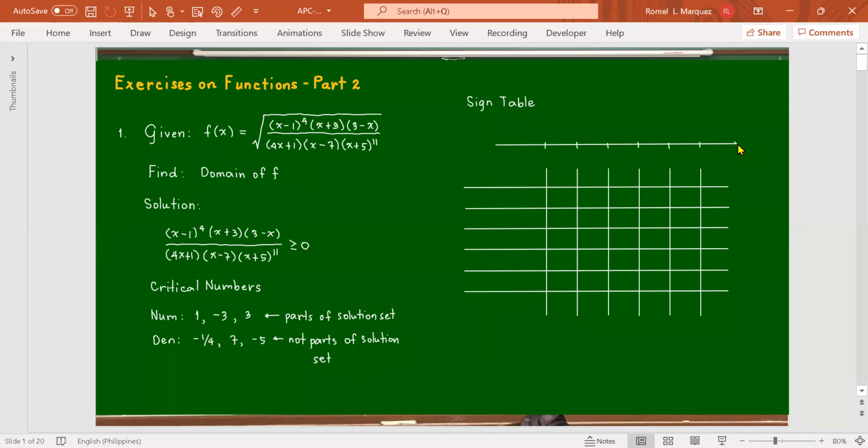So this is our number line x. Going to the right is positive infinity, going to the left, negative infinity.